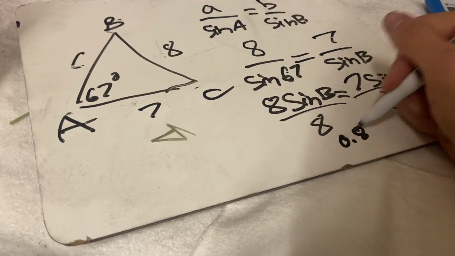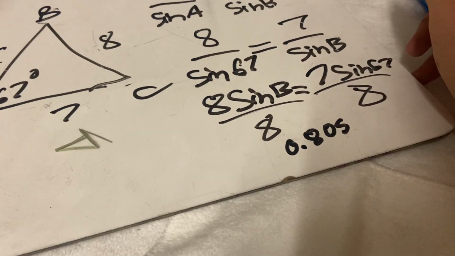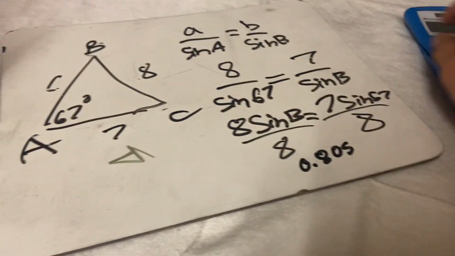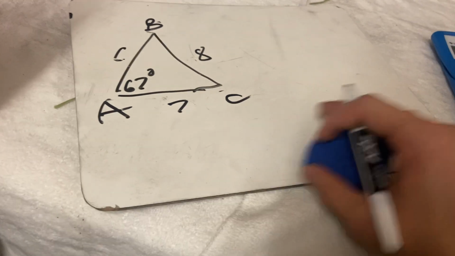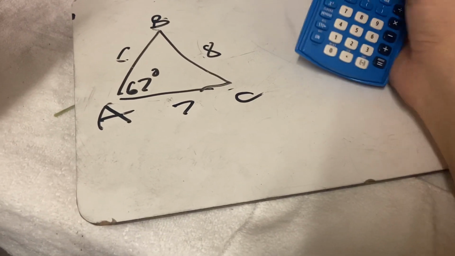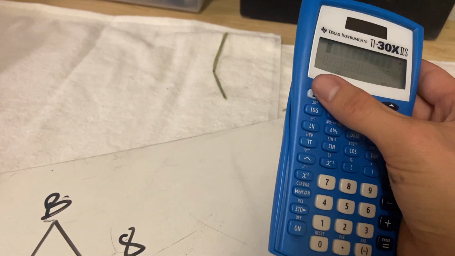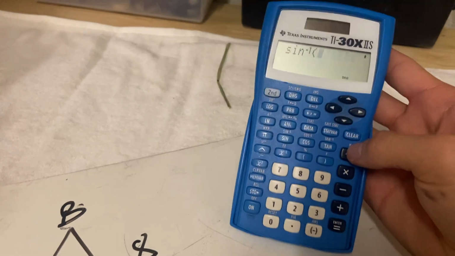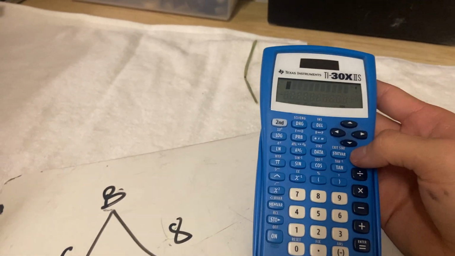And I got 0.805. That's too small to be an angle, so we're going to have to do the inverse. The inverse is just sine to the power of negative 1. It'll look like this on your calculator. In order to get that, you press second and sine, and you'll get sine to the negative 1. Let me show that again. Second and sine, sine to the negative 1, so the inverse.